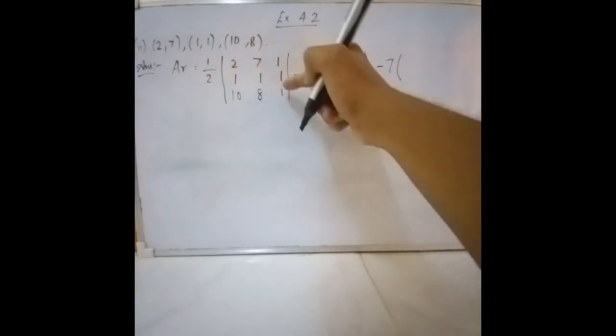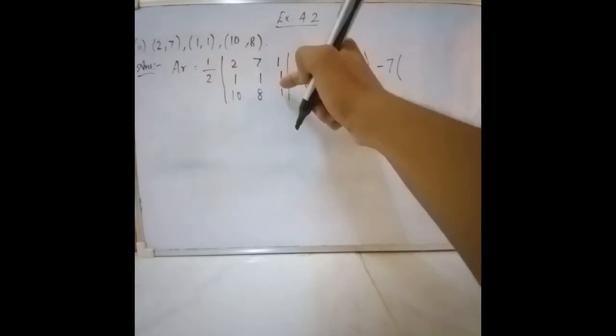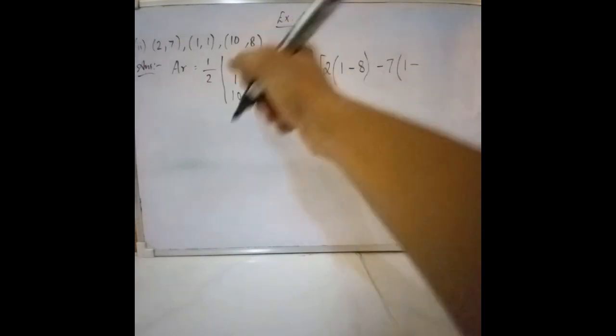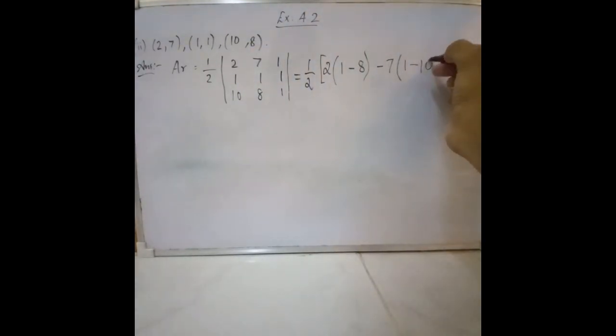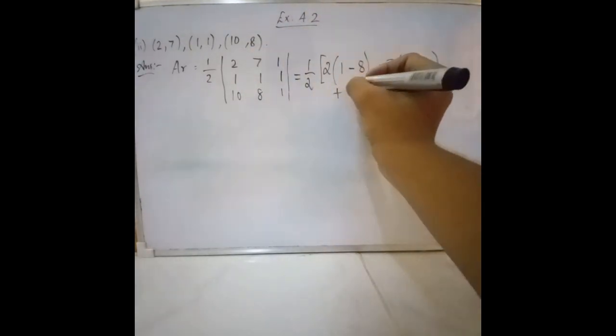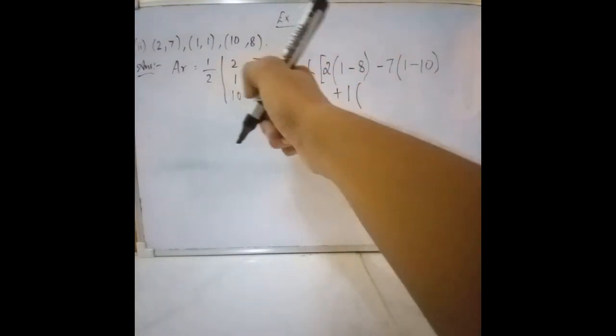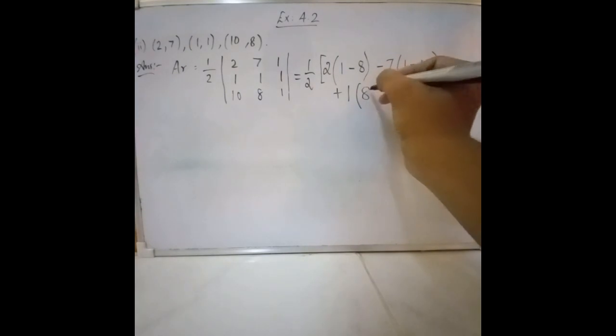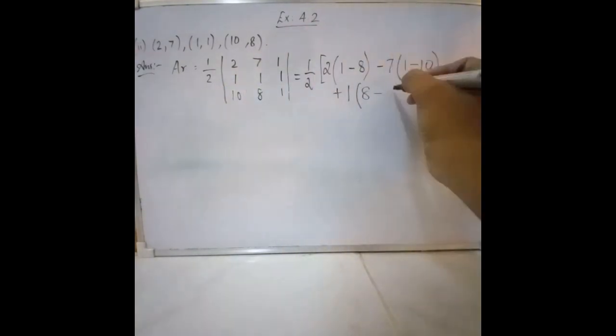Now the determinant of these elements: 1 into 1 would be 1, and minus 10 into 1 would be minus 10. Now plus the third element, 1, times this determinant: 1 into 8, 8, minus 10 into 1, 10.